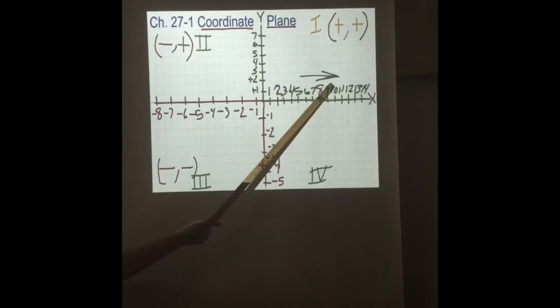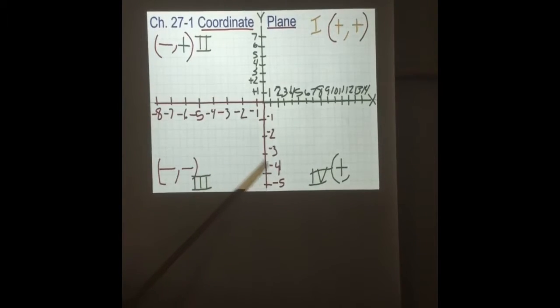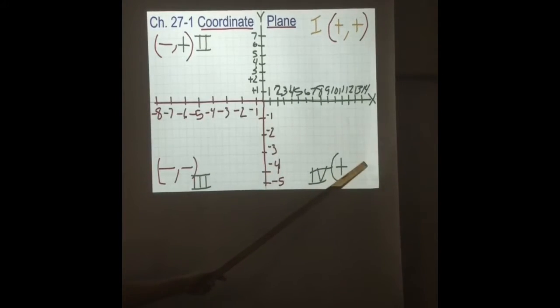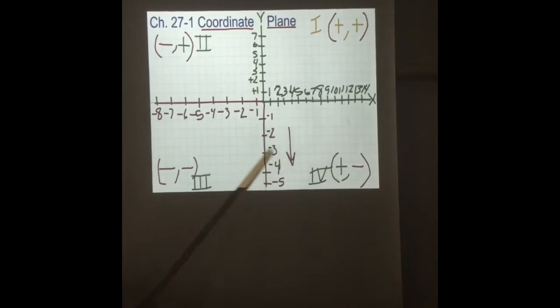That would be a positive, comma, and then the next number would be a negative Y, because we're going down on the Y. So anything in this area in sector 4 or quadrant 4 would be a positive, negative.